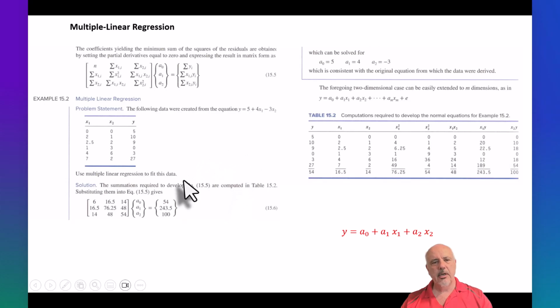So they go through taking the sums of each of these particular columns and then putting them together in this way and solving the equation for A0, A1, and A2. And they got A0 is 5, A1 is 4, A2 is -3. That is a red flag for me, a little bit of a contrived example. That's okay. So it must mean that the data fits perfectly. Let's see.